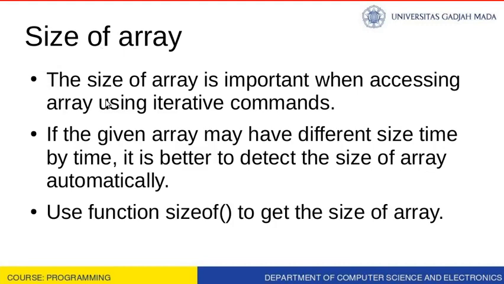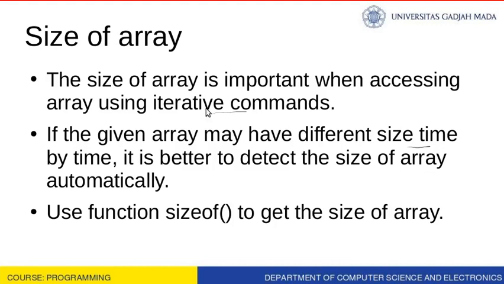And then here it is necessary to know the size of the array. The size of the array is needed when we are accessing the array using an iterative command. Suppose the given array may have a different size from time to time, it can be changed by the programmer.